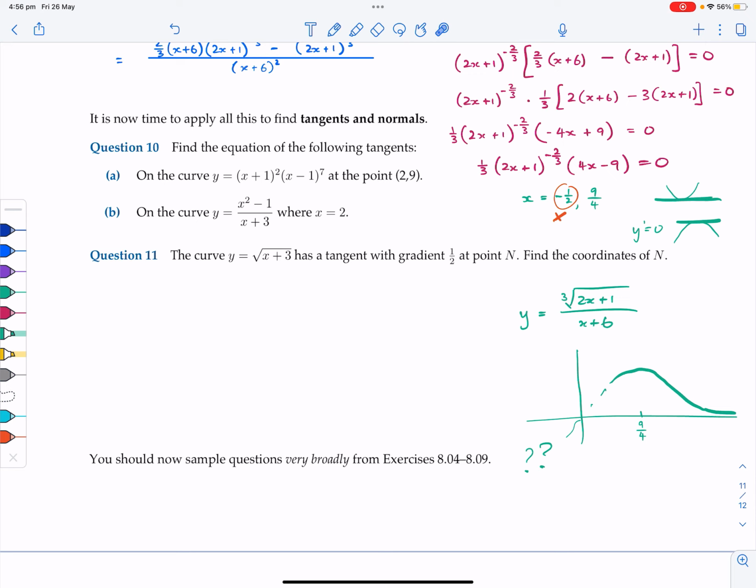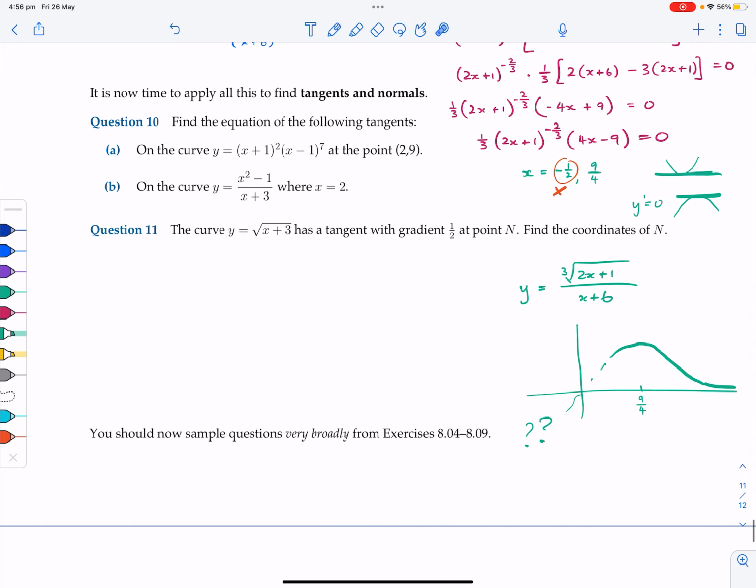But I'm just raising this because, like, why are we learning about differentiation? Well, it helps us to find out things about the graph without having a graph, right? Or to find out, like, what's the maximum possible value of this? What's the maximum possible y value here?